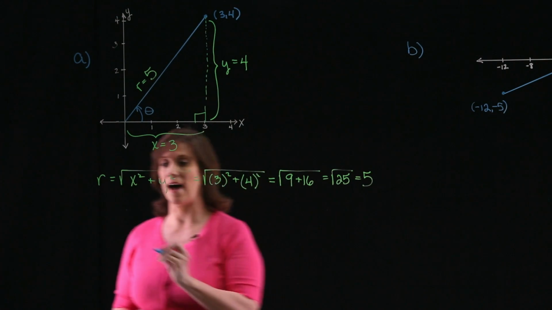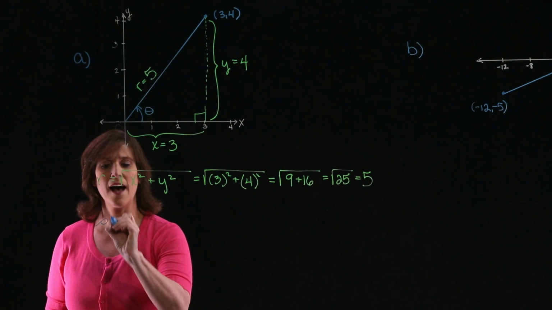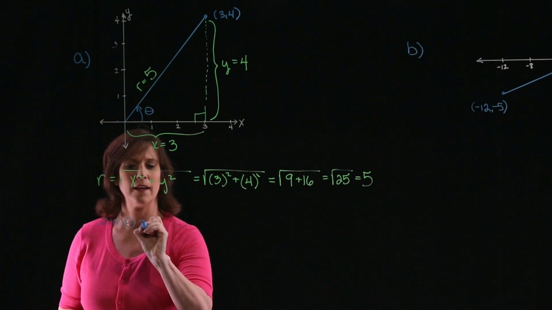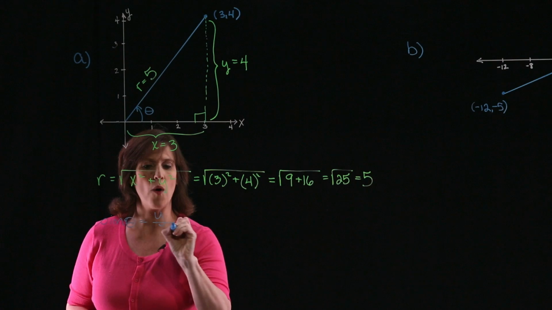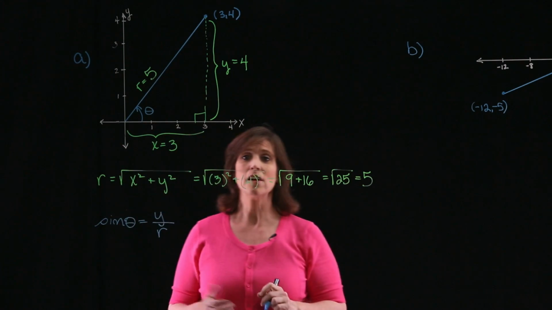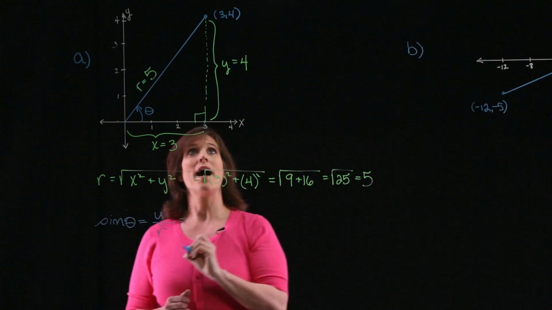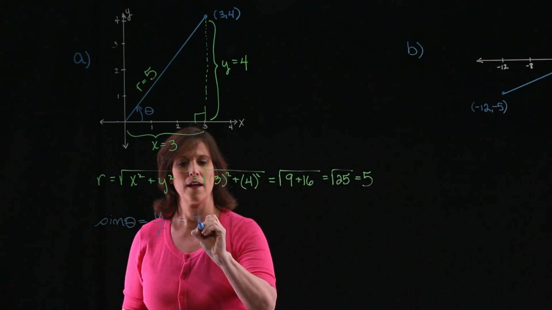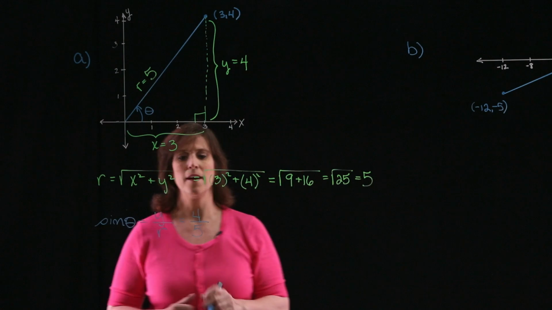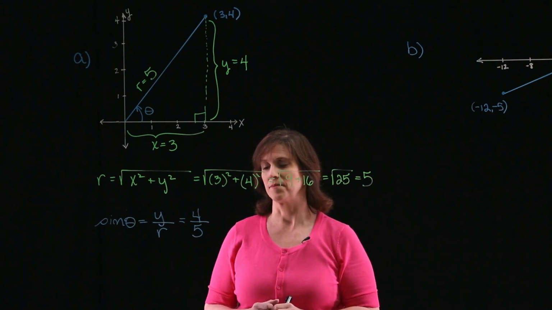Let's begin with the sine. The sine of theta is defined as y divided by r, as long as r is not 0, and I know that's not the case here. So the y-coordinate is 4, r is 5, and I have 4/5.